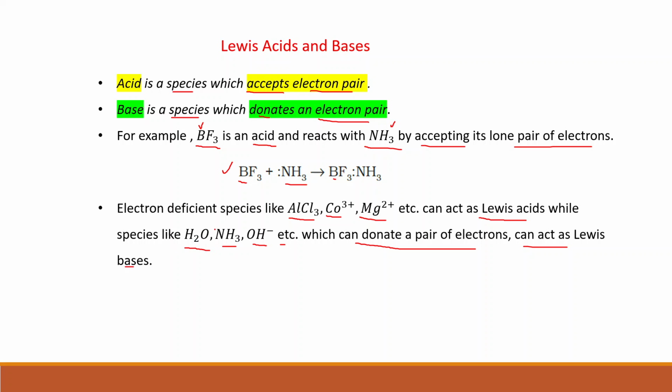Now in these Lewis bases, H2O and NH3 have the lone pair of electrons, and OH minus ion also has one extra pair of electrons which can be donated. In simple way we can say generally positively charged species or electron deficient species are Lewis acids, and negatively charged species or neutral species having lone pair of electrons act as Lewis bases.